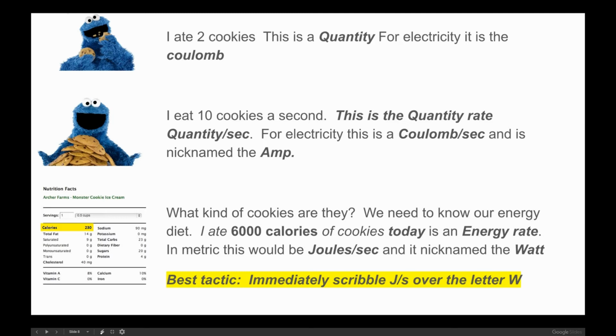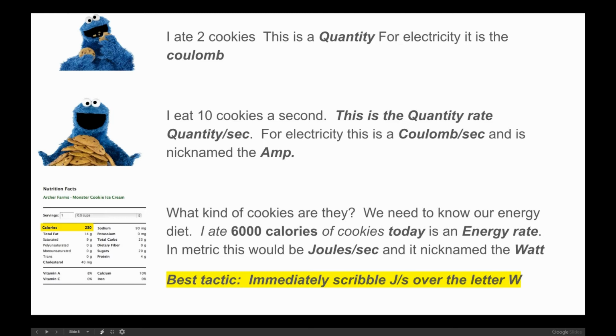So what you need to do when you see the word watt is it's really joules per second. If you're not metric, it would be calories per day. And the minute you see watt, you scribble it out and write J over S, joules per second. And then you will have no problem whatsoever.